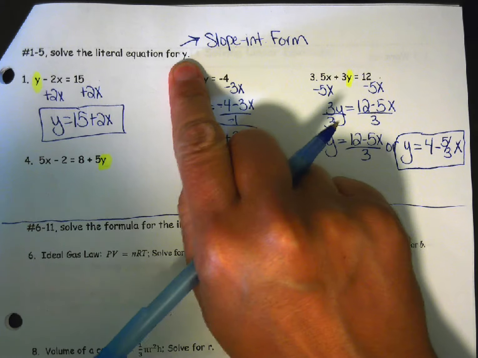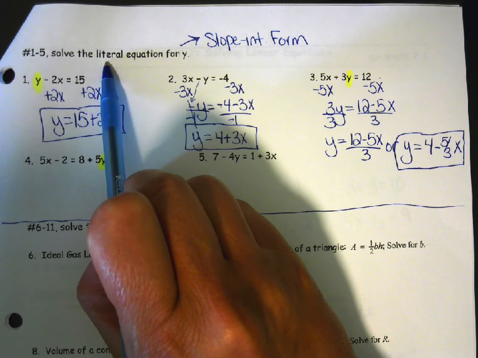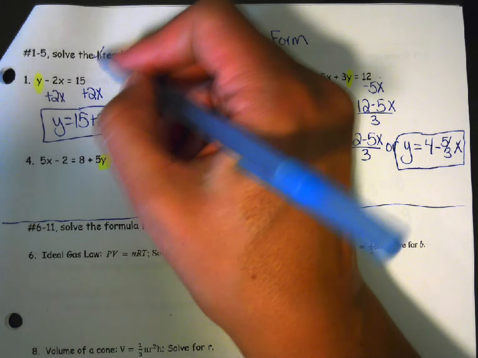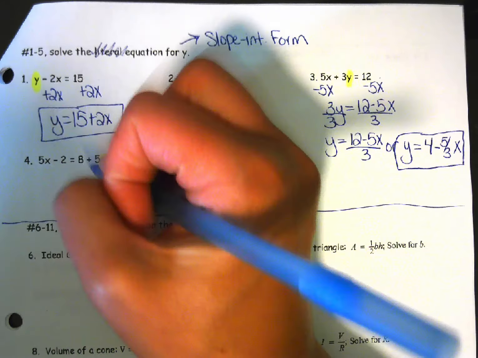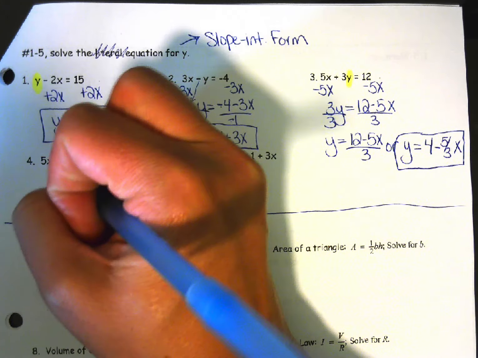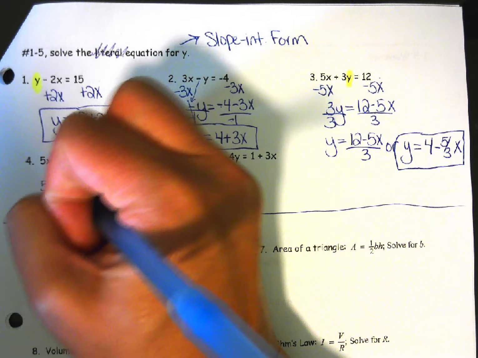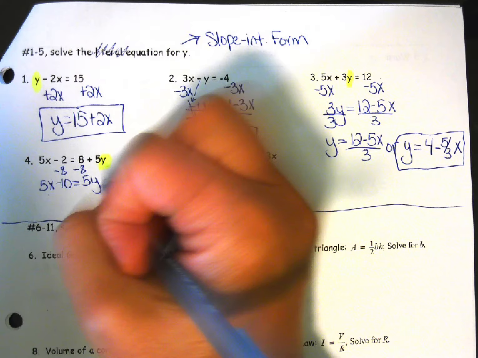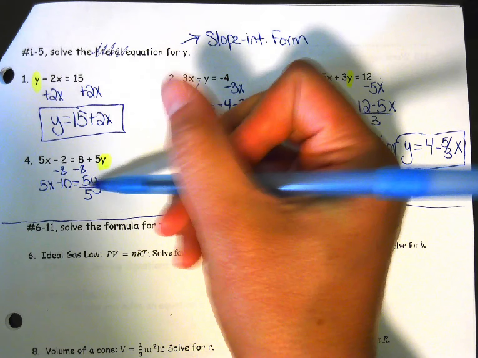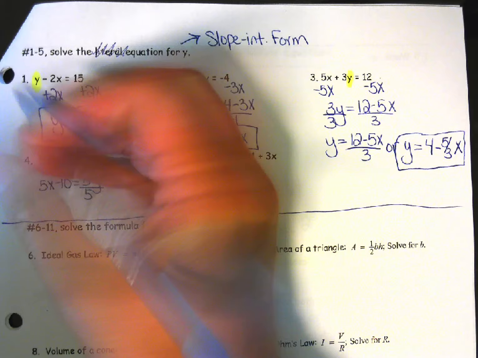Okay, number 4, I'm still solving for y because that's what they told me to do in the directions. Notice how with the literal equation, I really didn't care what this was, basically solve the equation for y, okay? So I'm going to move the 8 first. Move the 8. I'm going to divide by the coefficient that's in front of my variable. That's the one I want to get rid of.